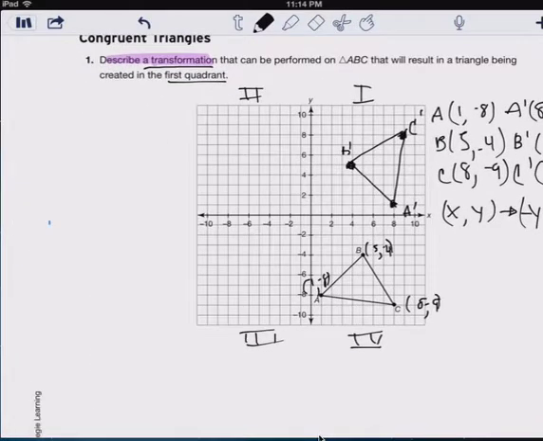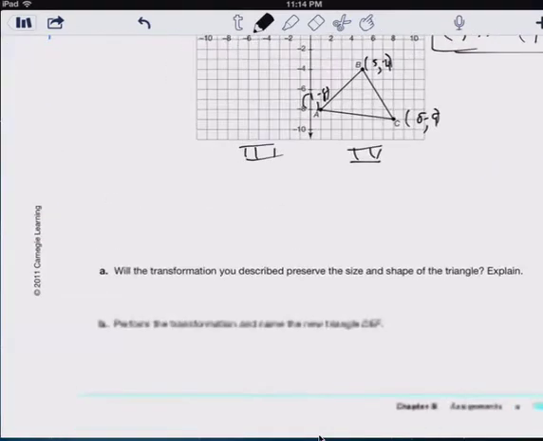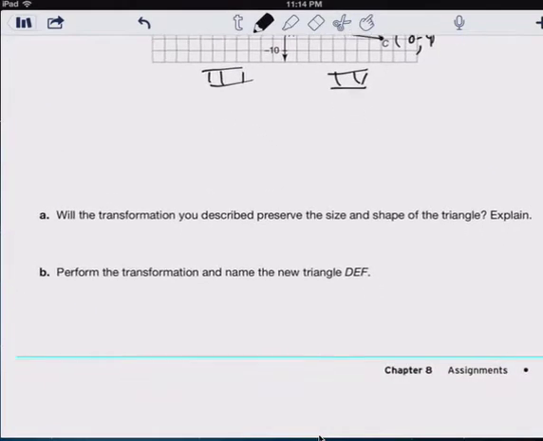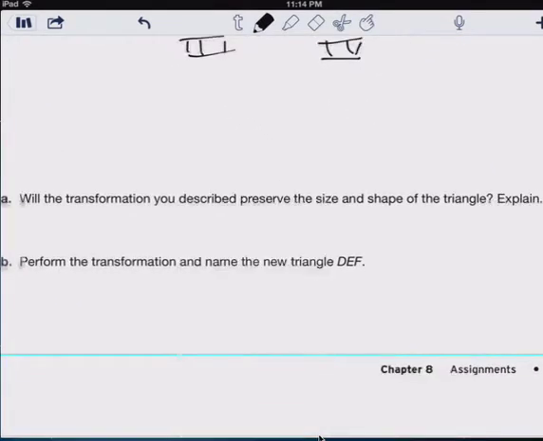Okay, that's your rule right here. It's important to write your rule, whatever your translation is. Will the translation you prescribe preserve the size of the shape? Explain.